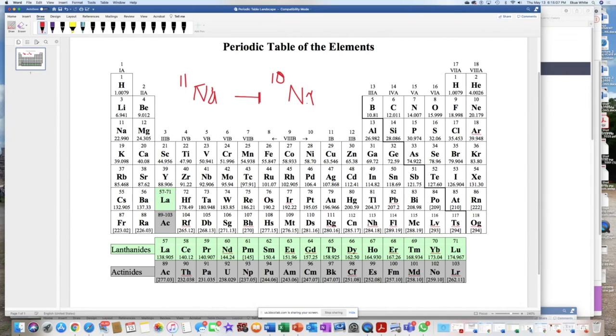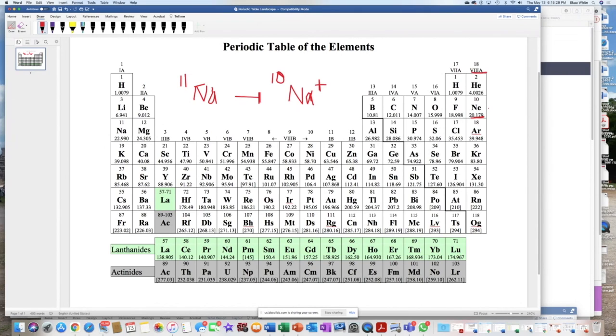Okay, sodium ion with 10 electrons. So what element has 10 electrons? Let's find it right here, neon. Remember, this is our group 8 element. Sodium can become like neon, which is stable, by losing one electron, okay?